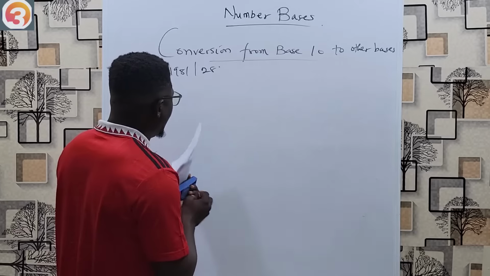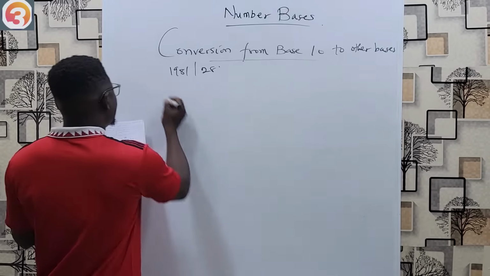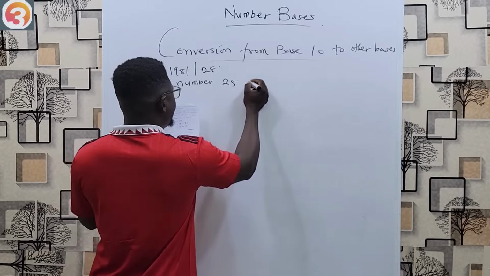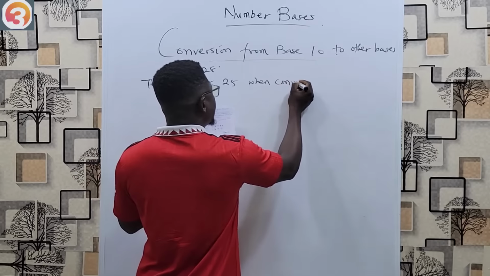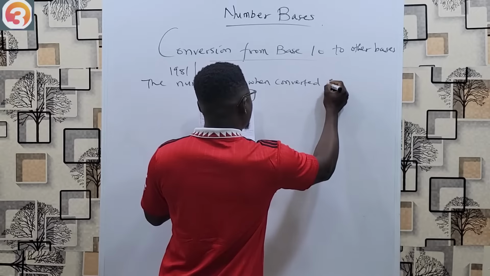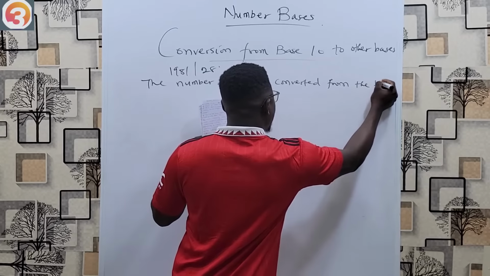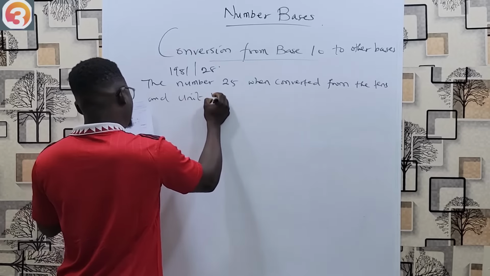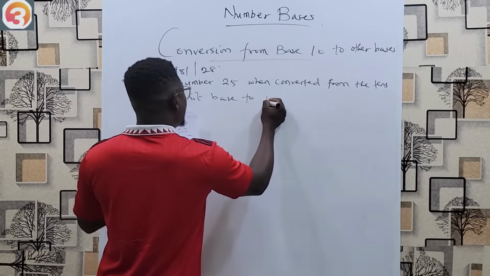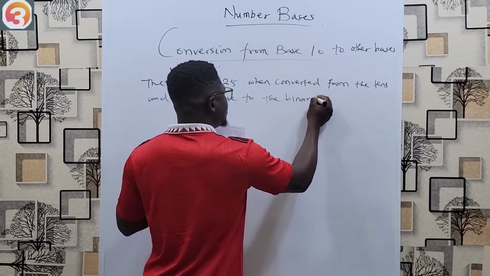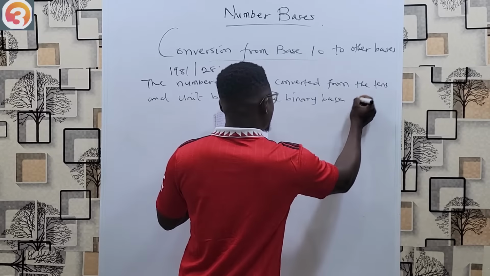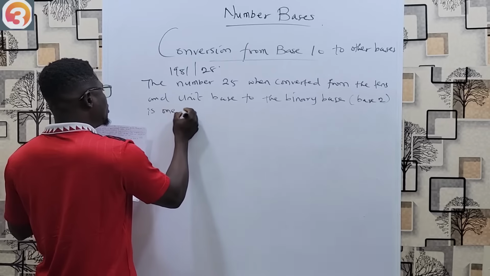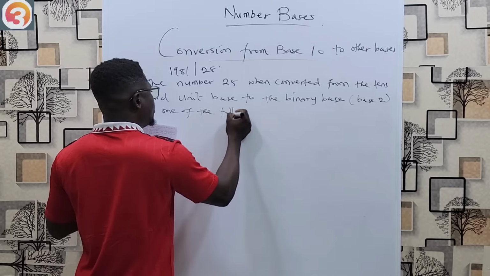They say the number 25, when converted from the tens and unit base to the binary base, that's base 2, is one of the following.